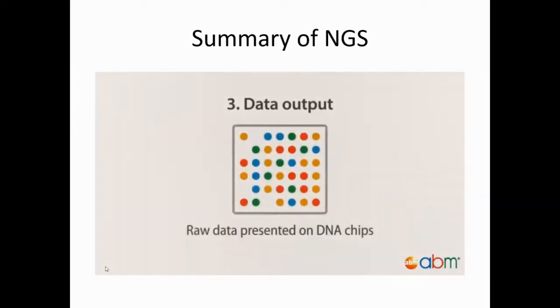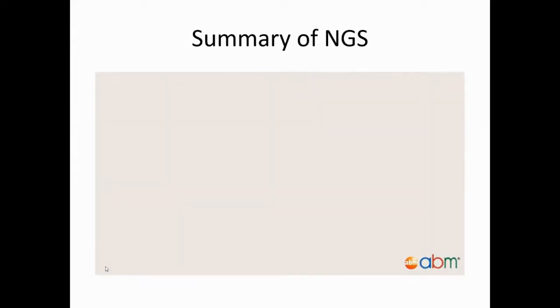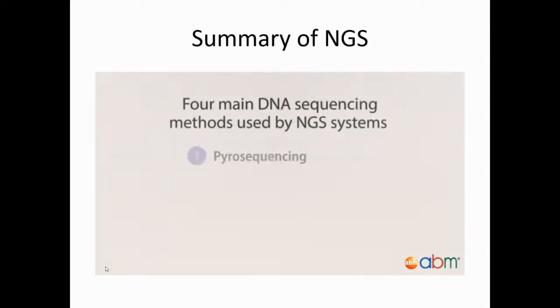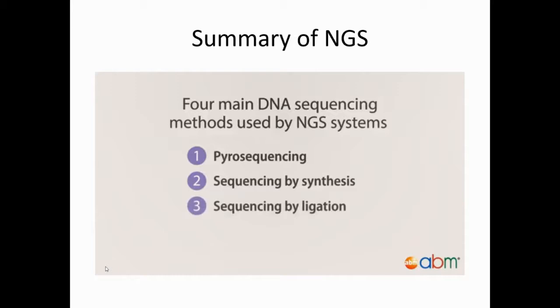Each machine provides the raw data at the end of the sequencing run. This raw data is a collection of DNA sequences that were generated at each cluster. The differences between the different next-generation sequencing platforms lie mainly in the technical details of the sequencing reaction and can be categorized in 4 groups: pyrosequencing, sequencing by synthesis, sequencing by ligation, and ion semiconductor sequencing.